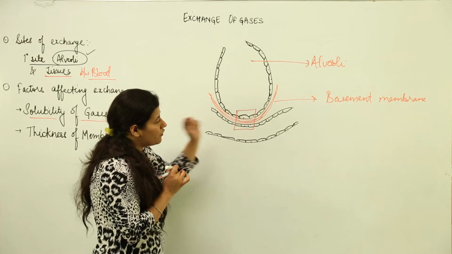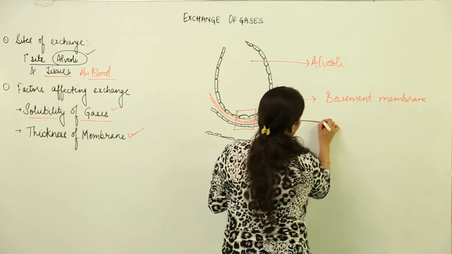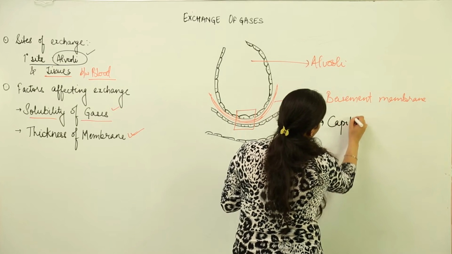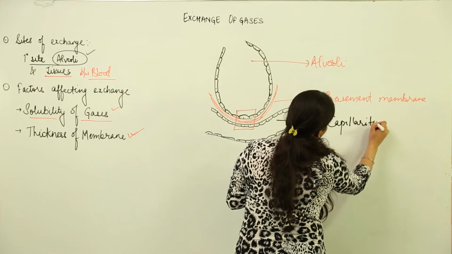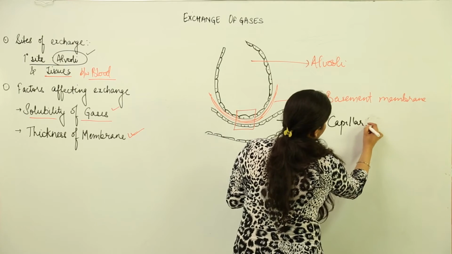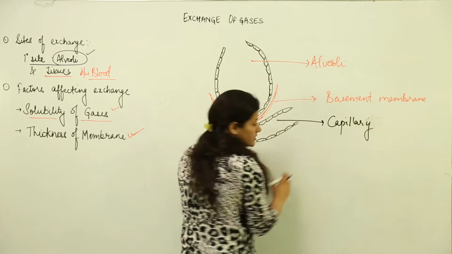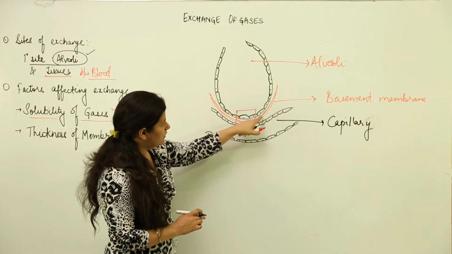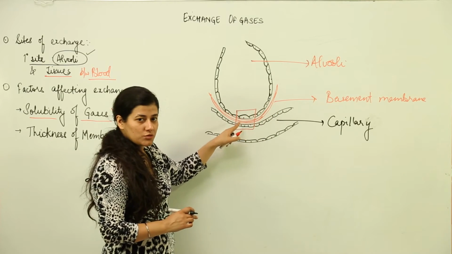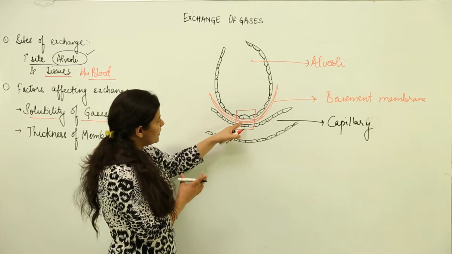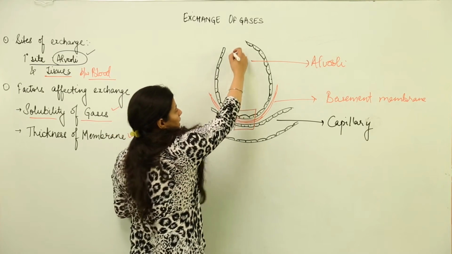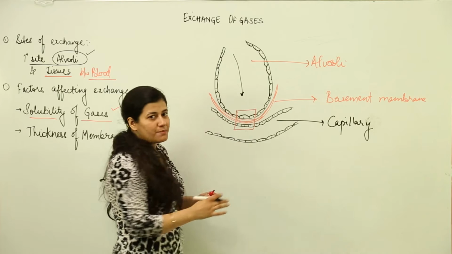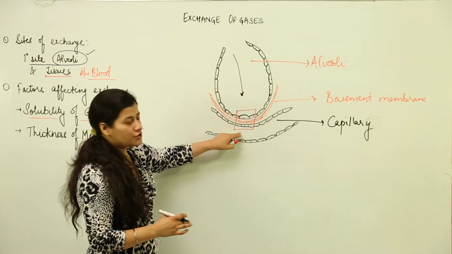So it is easier for the gases to diffuse across the alveolar sacs, and the exchange of gases takes place. This is also squamous epithelium, thin layered. There is a non-cellular basement membrane which is present between the two membranes, and there is alveoli. So the air comes over here. According to its partial pressure, it gets diffused into the capillaries.